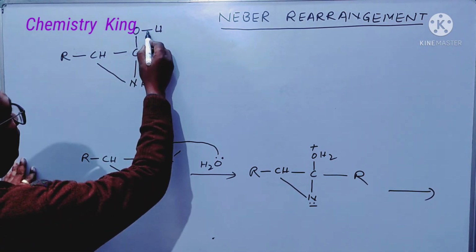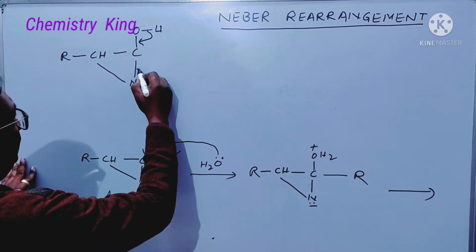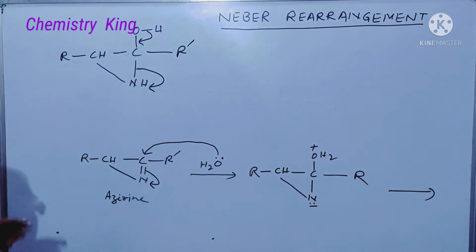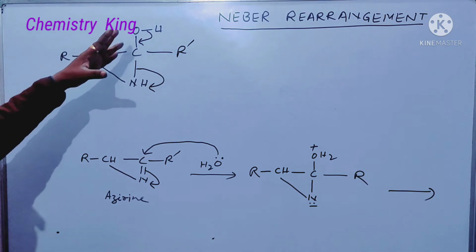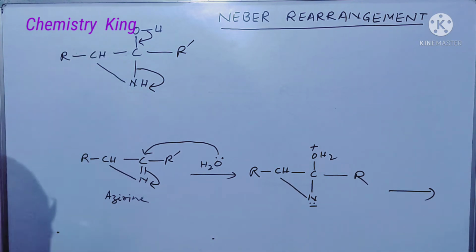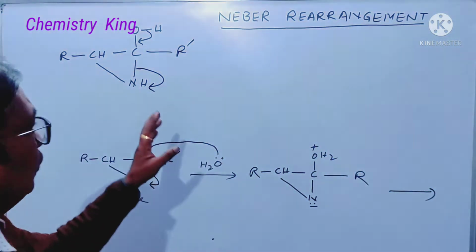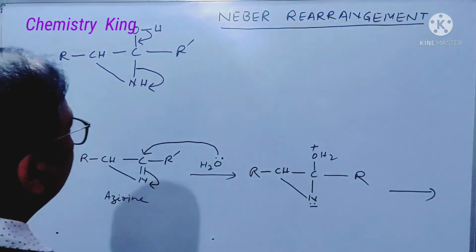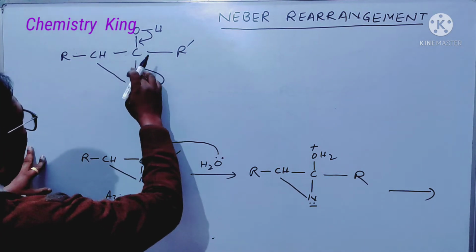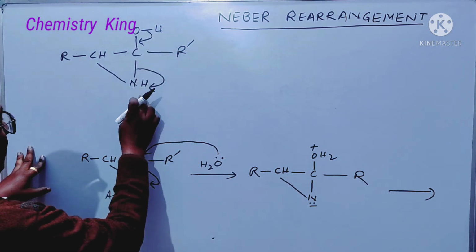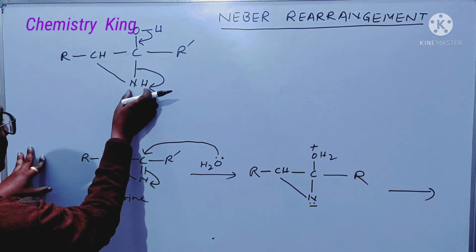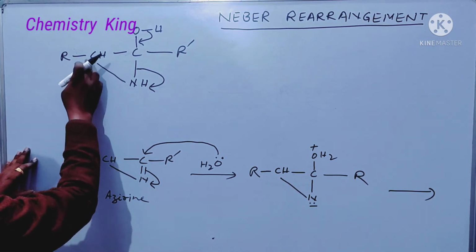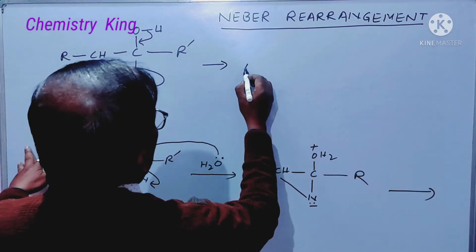Now this bond will break in this fashion. It is a type of enol, the ring acts as ene, and so it is a type of enol. It will turn into keto. So this H plus will come here, and so it will be NH2, attached with this carbon.